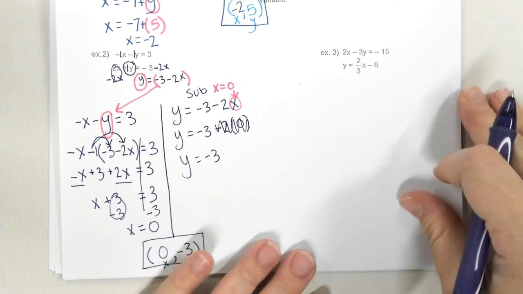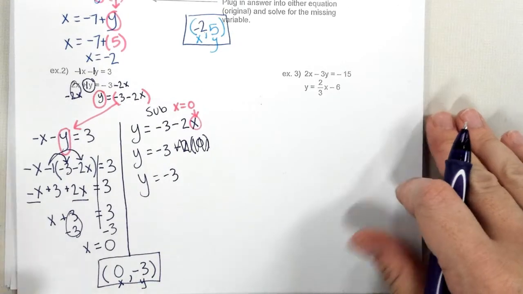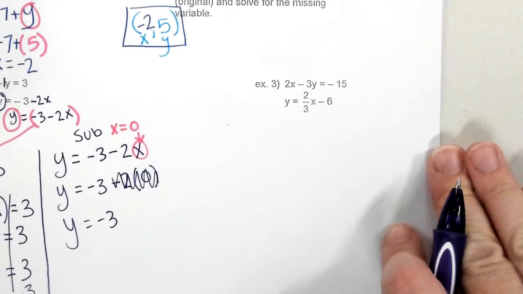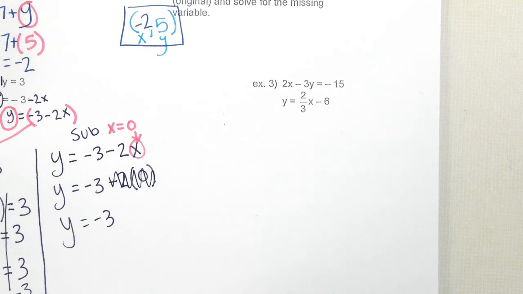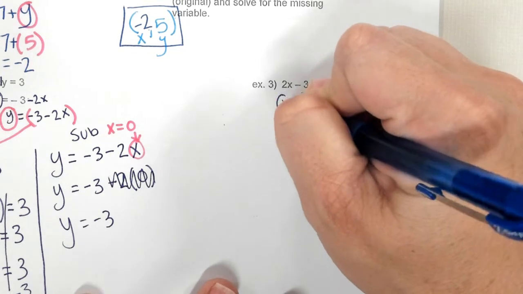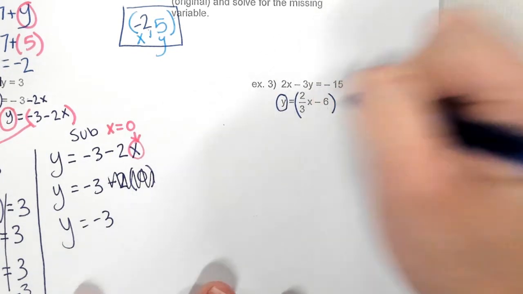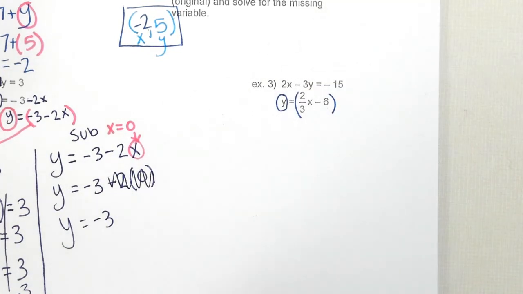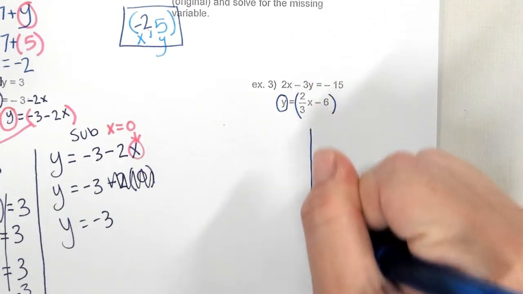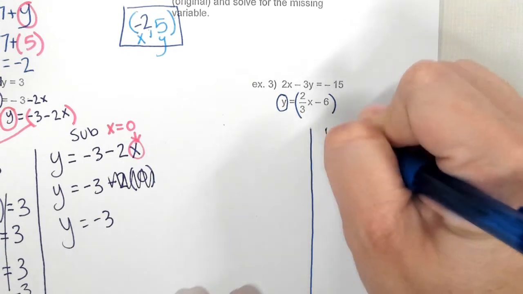Okay, so this next one we like 2 reasons. First off, it's already set up for substitution, right? Isn't there one that already has a variable all by itself? We like that. Look, this is my substitution equation, because y is already all alone. So that's my substitute. So that's the equation that's going to go on the right.